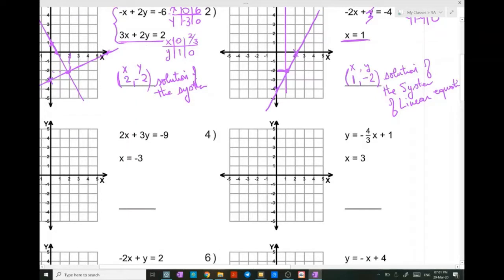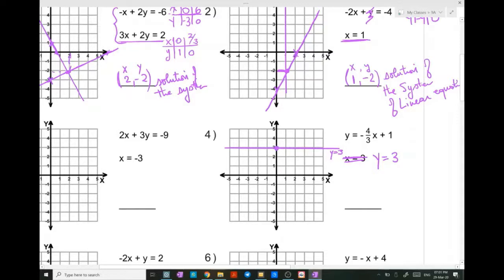Now suppose that instead of x equals 1 here I have the equation y equals 3, and let us solve this system. When y equals 3, this is a line that is parallel to the x-axis. So this is the line y equals 3, parallel to the x-axis and intersecting the y-axis at 3.